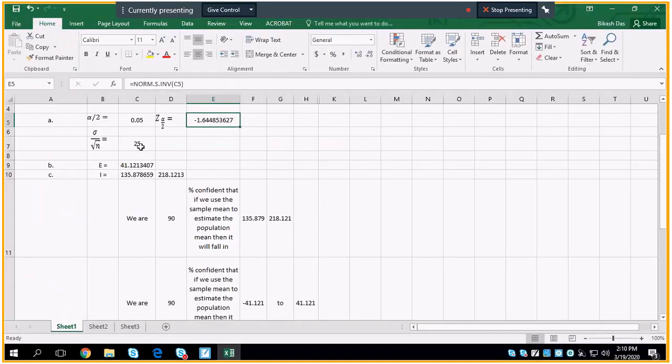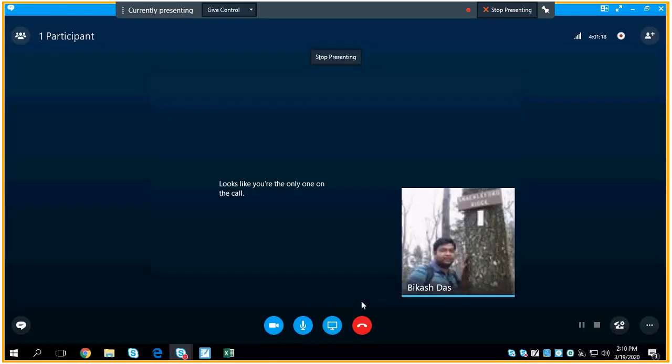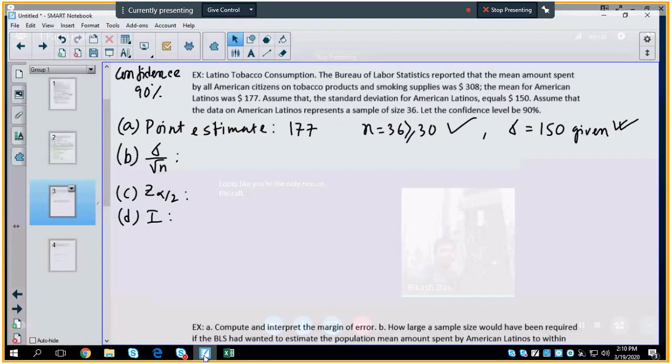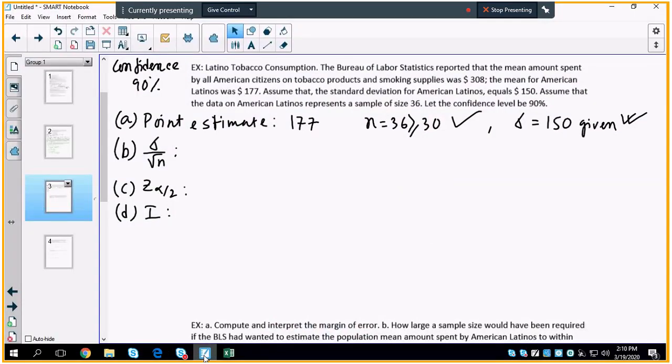Sigma over square root of n is going to be 25. So I will say sigma over square root of n is 25 from the spreadsheet. No work. I just find the information from the spreadsheet. This is 1.64. The spreadsheet will show you the negative value. Always write down the absolute value, the positive one.